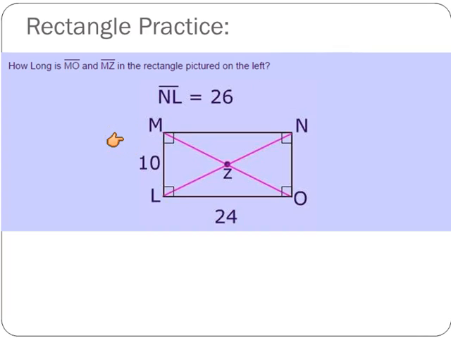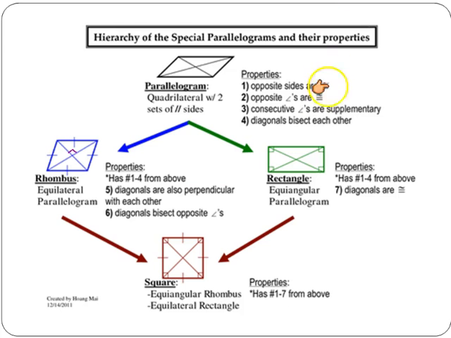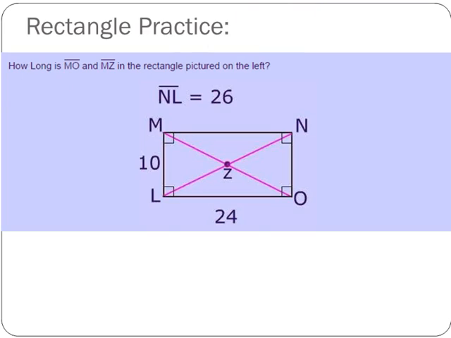So let's practice here. We've got a rectangle, and we know the property of rectangles is that the diagonals are congruent. So let's write that up here. Diagonals are congruent in rectangles. That's what separates it from being a parallelogram.